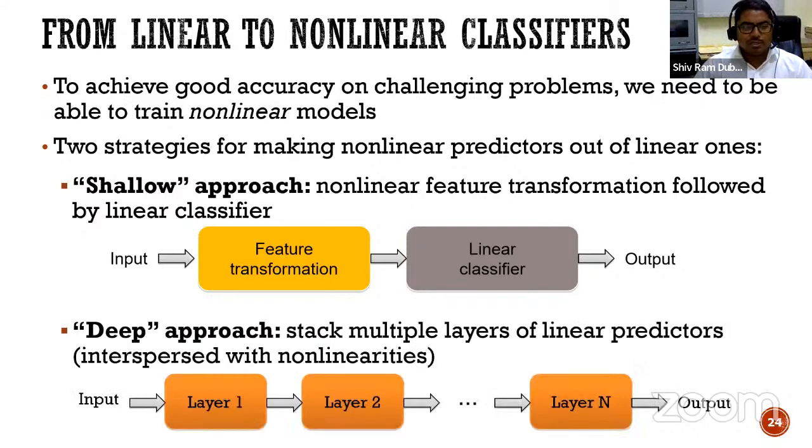However, nowadays we have this deep approach. In the deep approach, we pass our input directly to a network, and that network has different layers. These different layers extract the features, and the extraction of the features happens automatically.